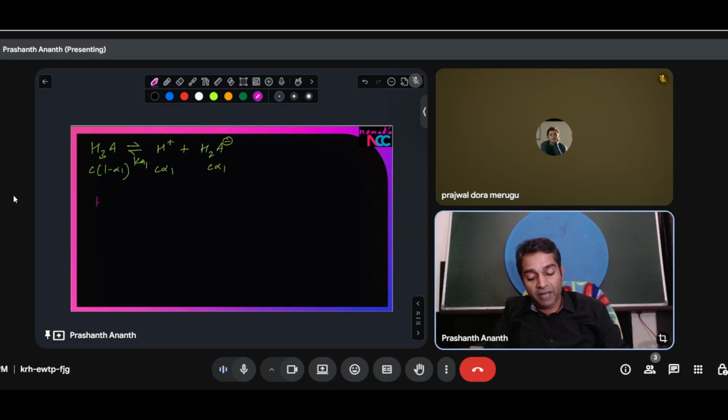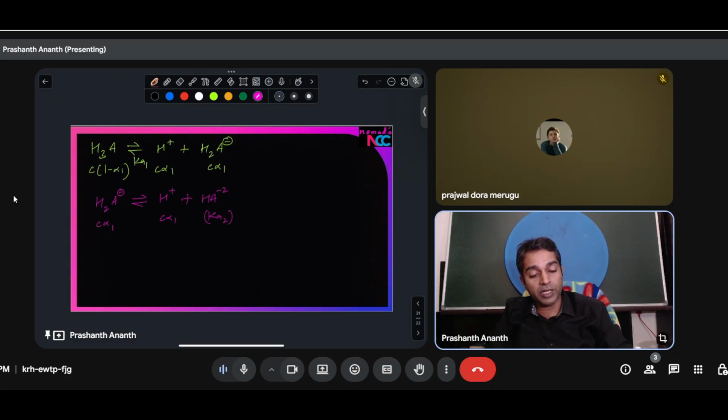Next, I will have H2A⁻ in equilibrium with H+ and HA²⁻. In this case, I will have this as Cα1 still, this will be Cα1, and we just derived that this comes out as Ka2.